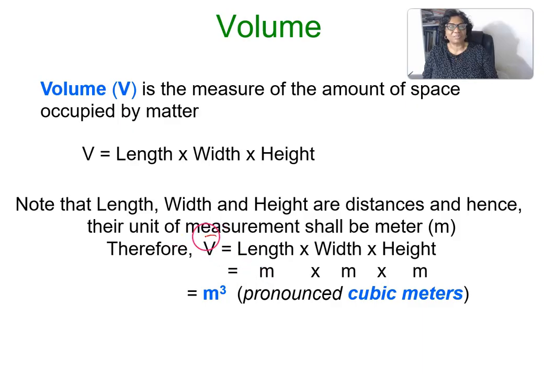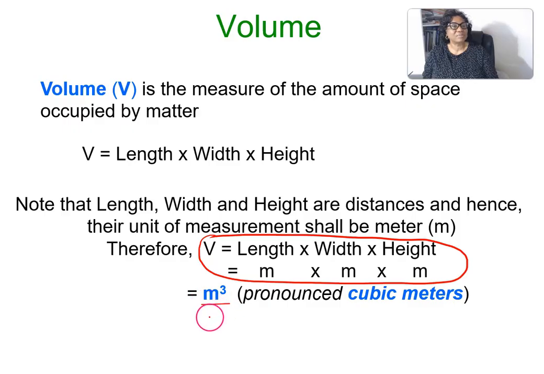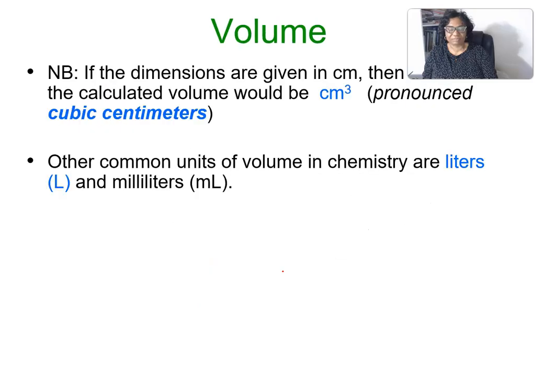So, for example, the SI unit for volume is cubic meters. The metric unit is liters, and we can also use milliliters.